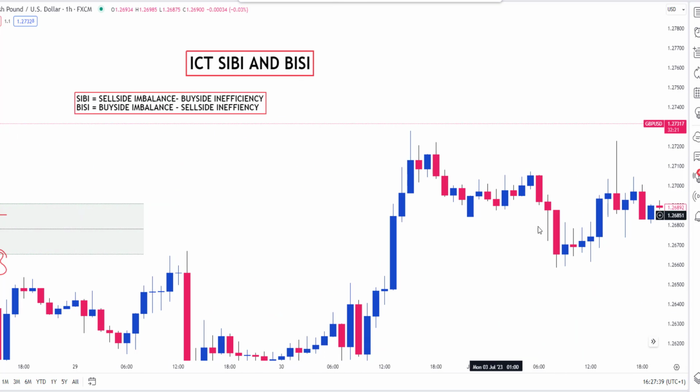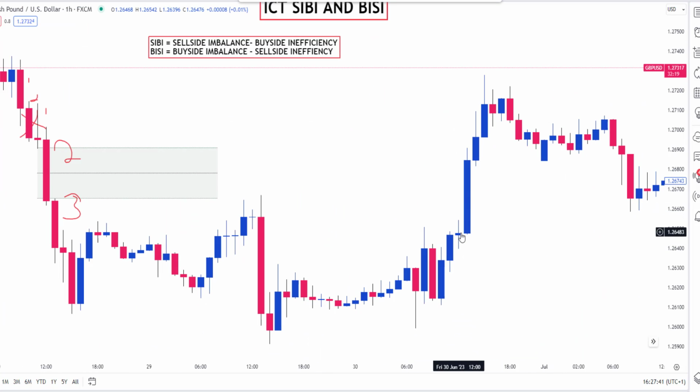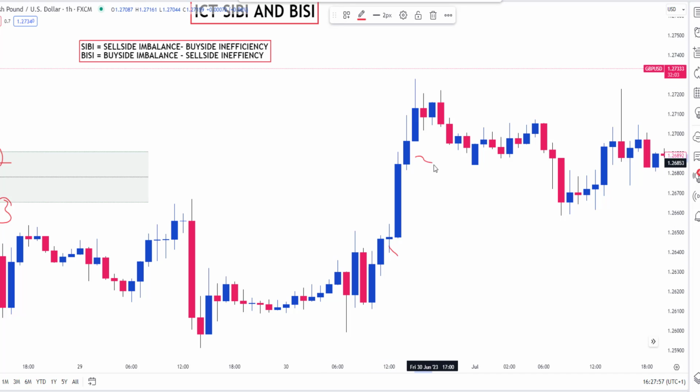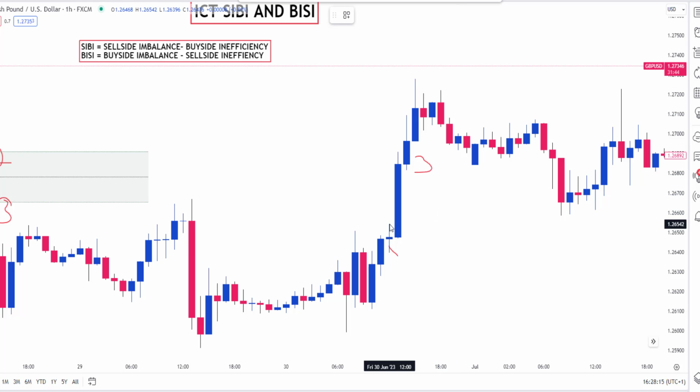All right, this is it. This is a buy side imbalance, sell side inefficiency, because this one is an imbalanced price action. Looking at this, 1, 2, 3. The most important candles are the first and the third. If there is a gap in between them, that is your fair value gap. And so we have a BC here.